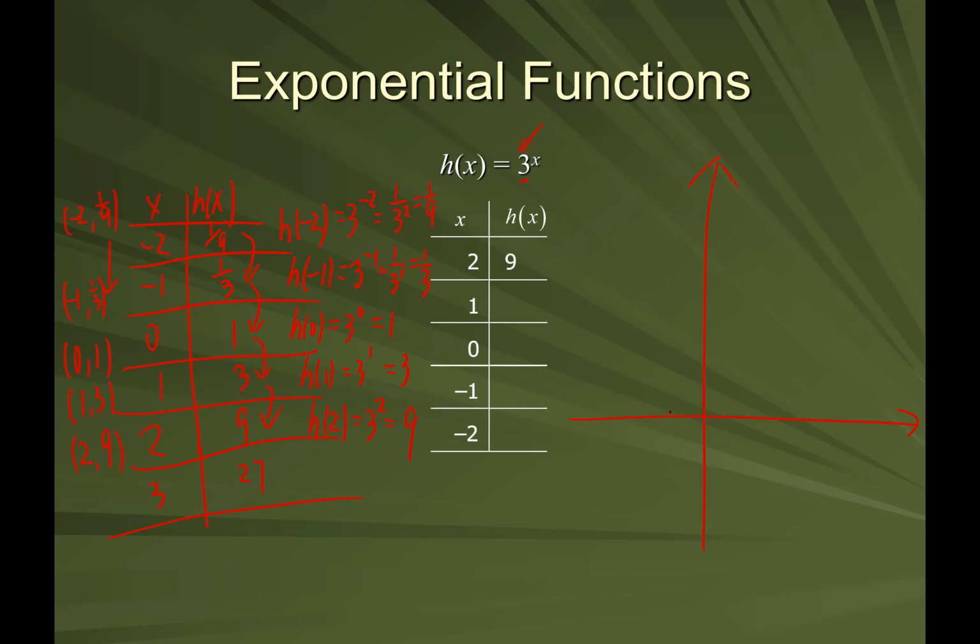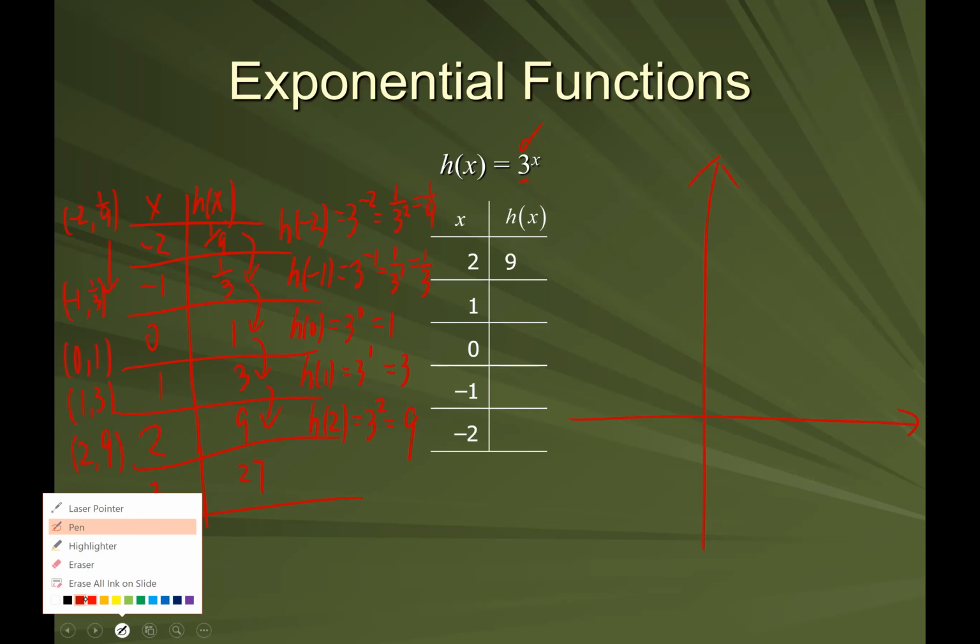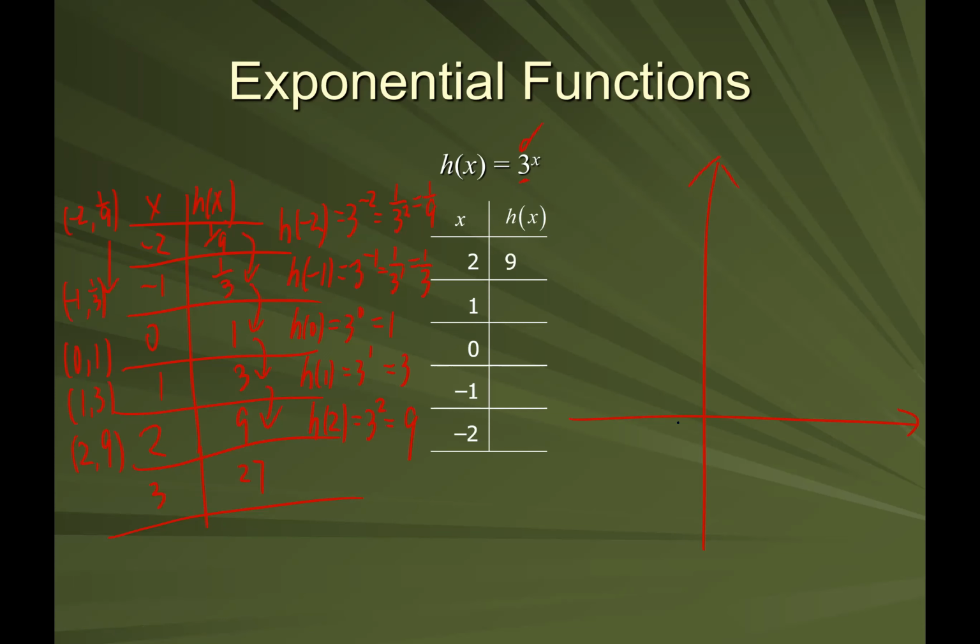So here we start with -2, then -1, -2, 1, 2 on the right. We need 9 units on the vertical axis. So 1, 2, 3, 4, 5, 6, 7, 8, 9.